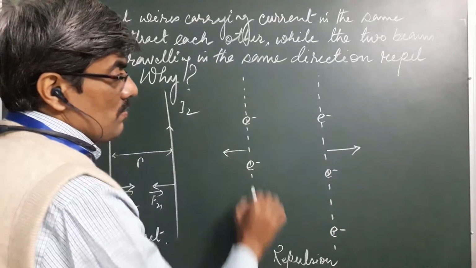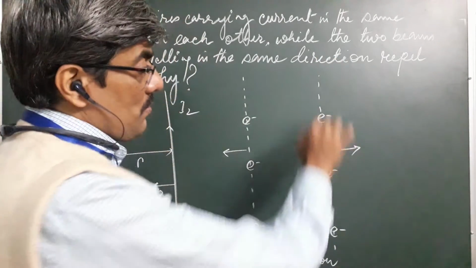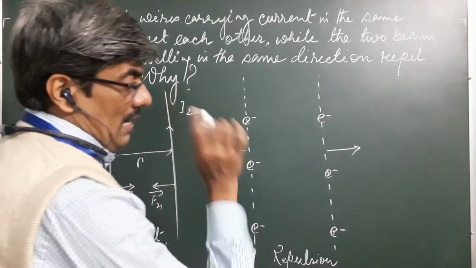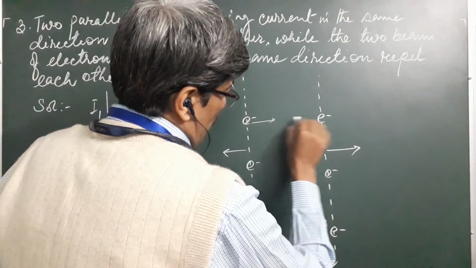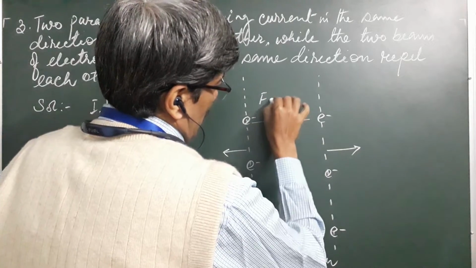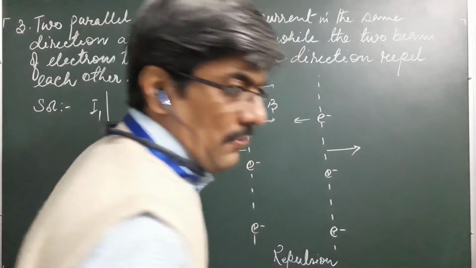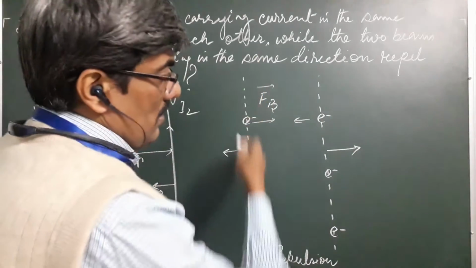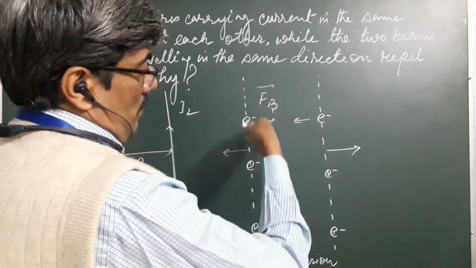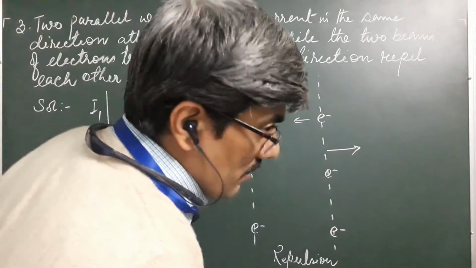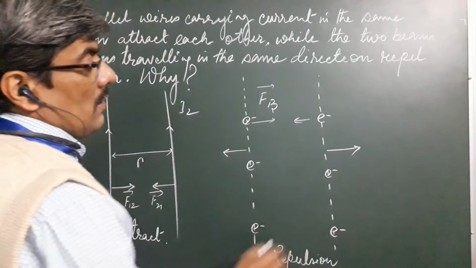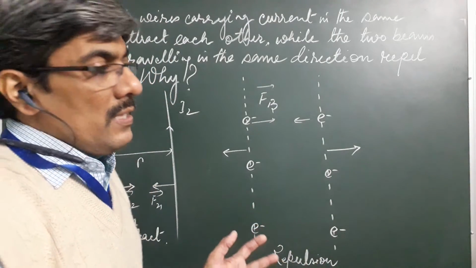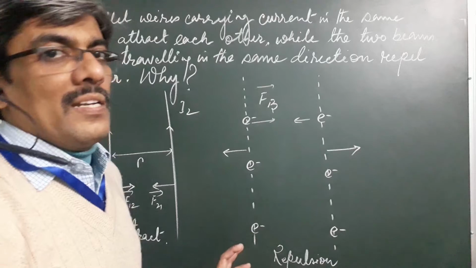But when you have streams of electrons, mind it, when you have streams of electrons that are charged, there are two forces. Actually, these two electrons do attract. This is the magnetic attraction, FB. Let us say that they get attracted due to the magnetic force. Obviously, this is a current, and the direction of the current is downwards in this case, both. But these two charges, when they move freely, they do not lose their electrostatic character.